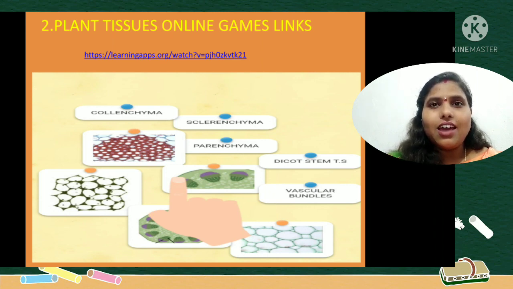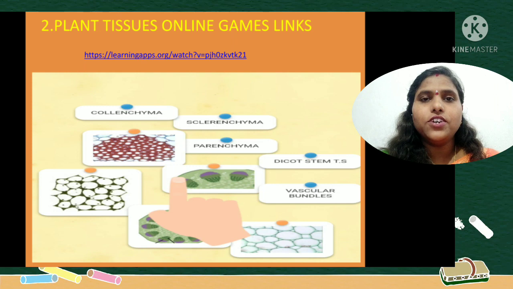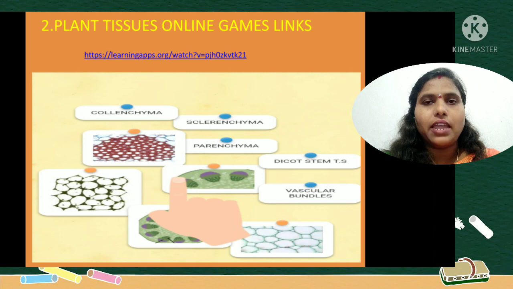Lastly I want to give you an assignment. Here 2 games and puzzle links are given in the description. Observe both of them. The first one is matchup, where different tissue pictures are given and you match them with the titles, that is, which name belongs to that particular diagrammatic representation.